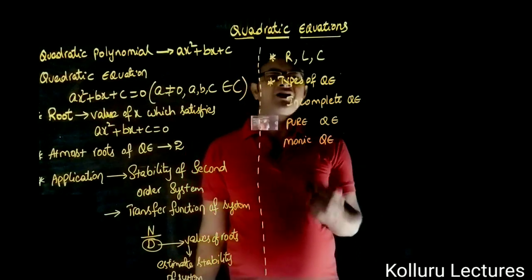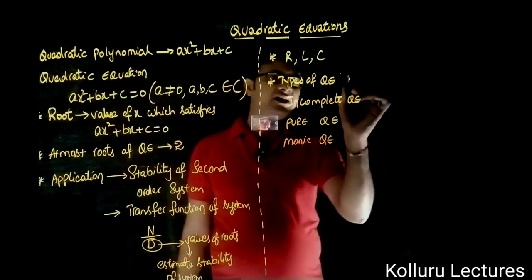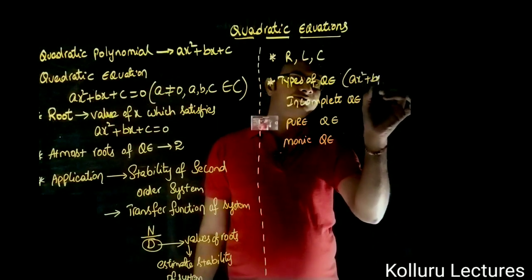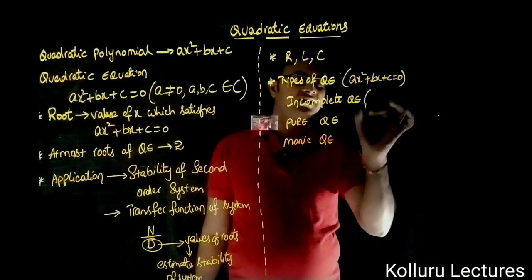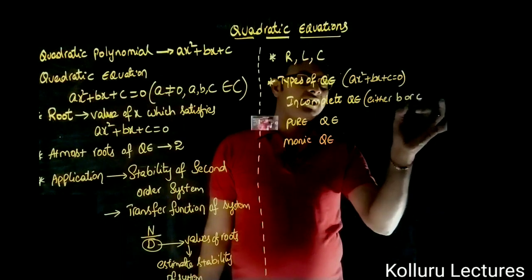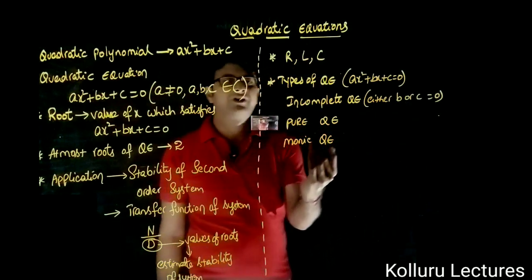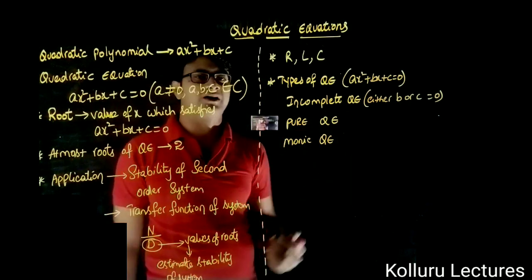Incomplete quadratic equation in the sense, normally we know quadratic equation is ax square plus bx plus c is equal to 0. Here either b or c can be equal to 0. Then we will call the respective quadratic equation as incomplete quadratic equation.